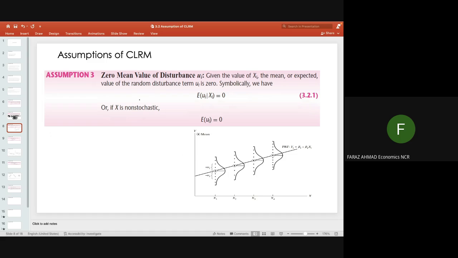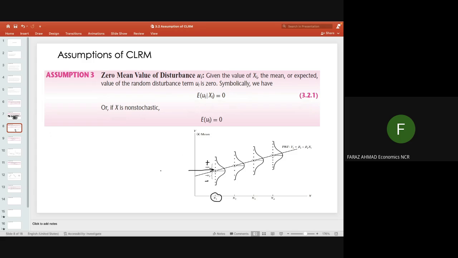All right, now the third one says that the mean of the disturbance is zero. It simply means that for a given x, x1, we have many u's, some positive, some negative. This is the mean in the center.